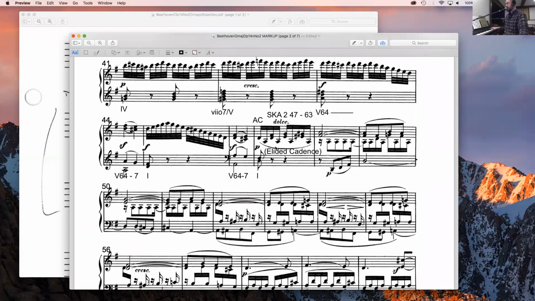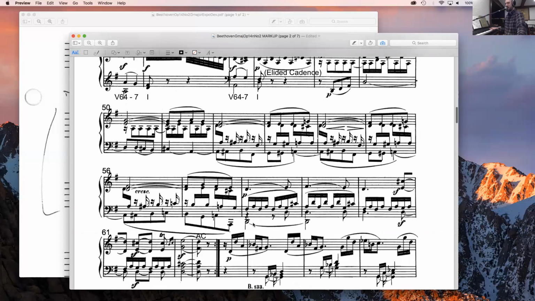But we do have this really... I really love this melodic idea. And I think it's nice that Beethoven often lets these super singable melodies wait until we're deep into the exposition, right? And then here at 58, when everything's already done.